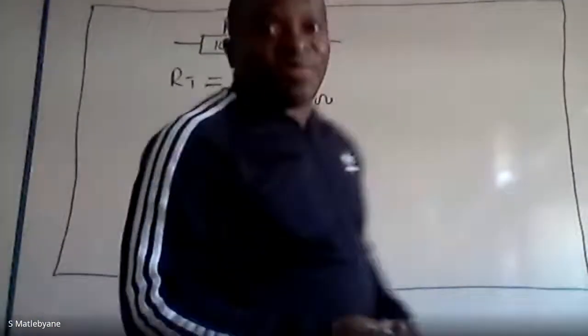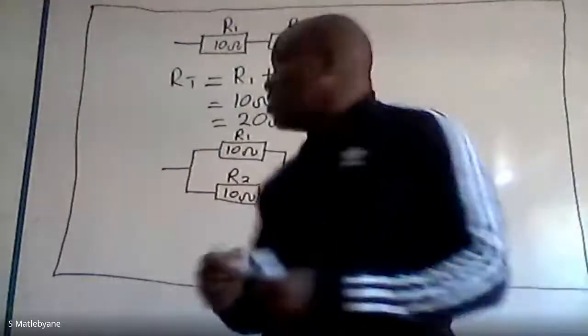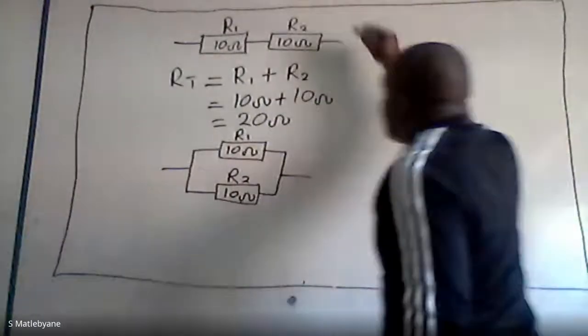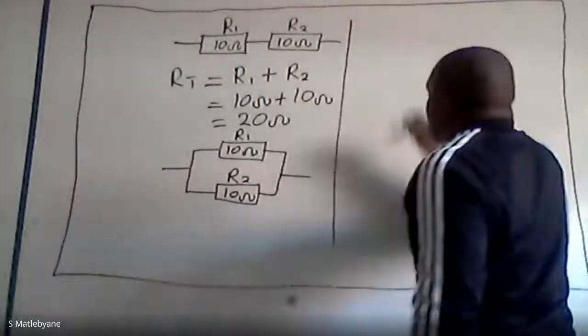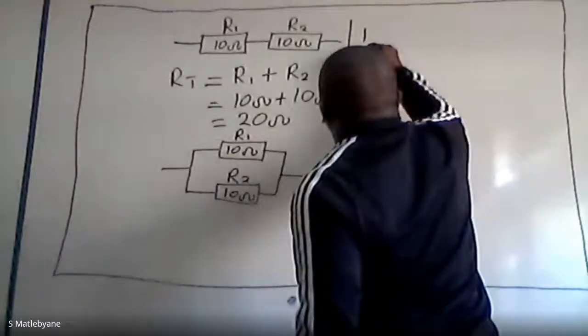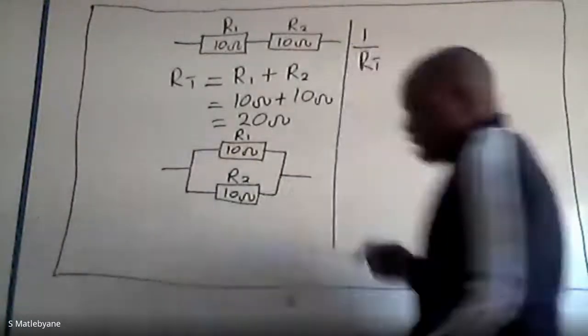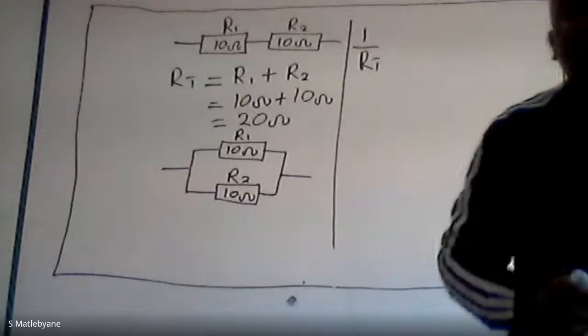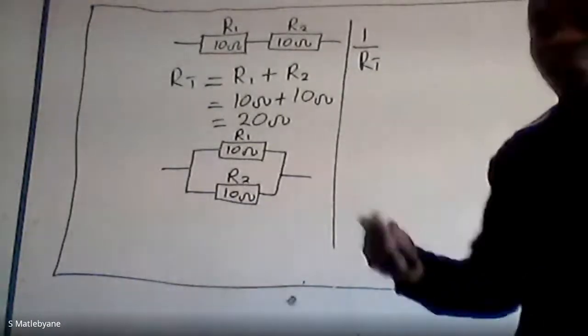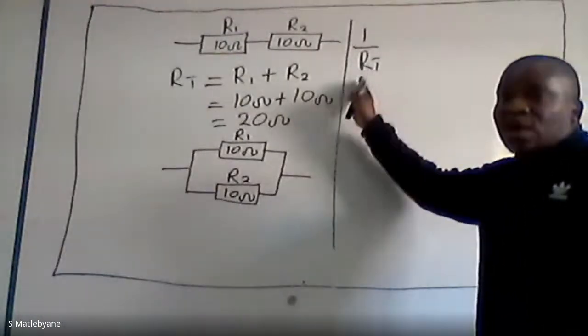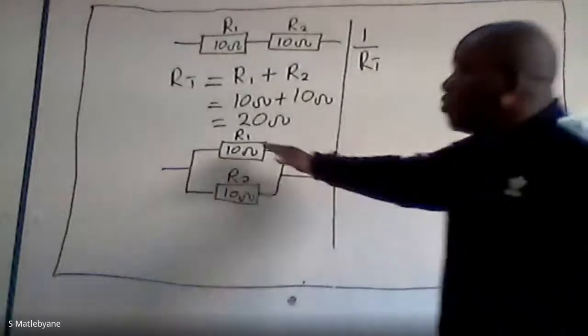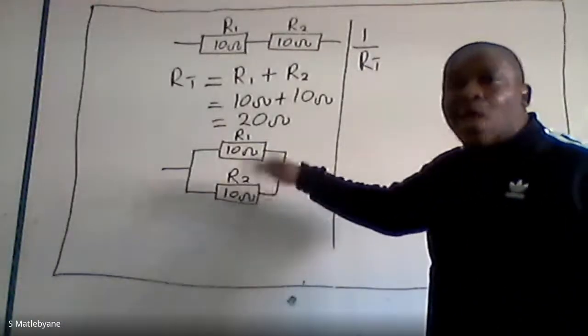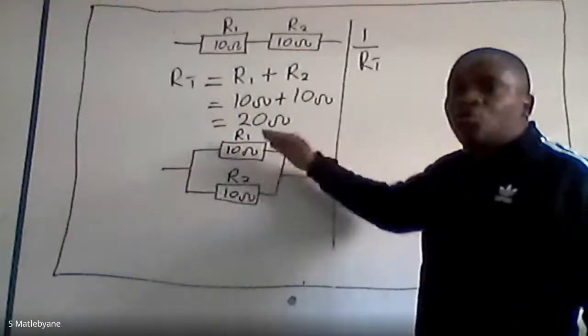Now, remember the formula changes, we now use fractions. So I will come this side, I will say 1 over RT. 1 over R total, 1 over total resistance, because the resistors are now connected in parallel to each other.